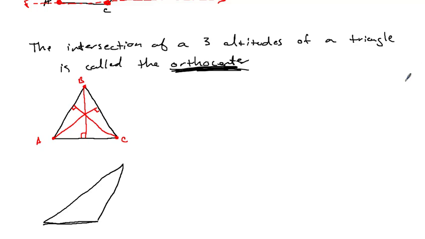Now, the good thing about this one is there's nothing fancy going on where anything's 1/3 or 2/3 or any of that stuff. So this point right here, P, is the orthocenter of triangle ABC.